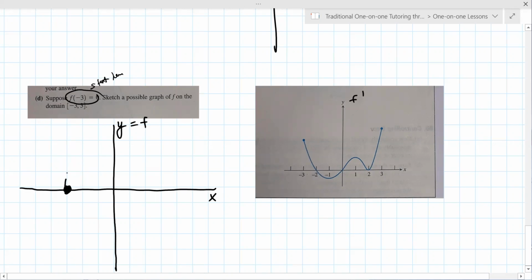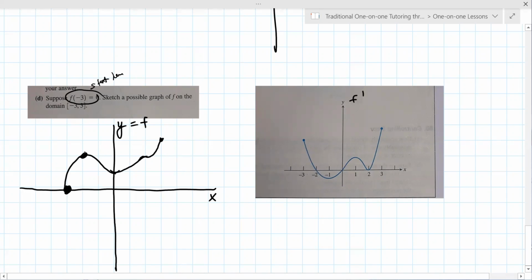So at 0, it's decreasing, and then from 0 to 2, it's increasing again, and then it increases some more. I didn't get that quite right, but it's increasing some more like that. That's one possible graph of this.